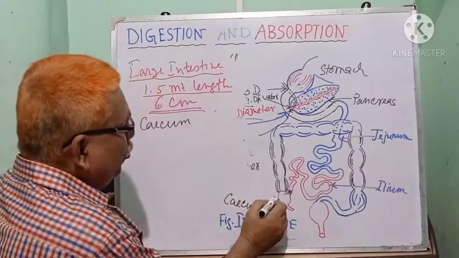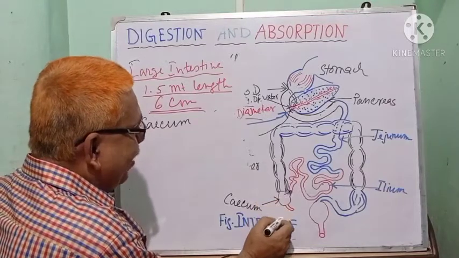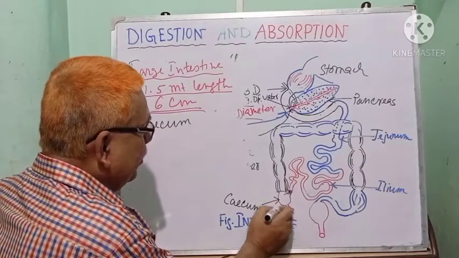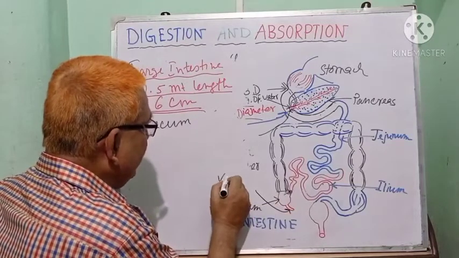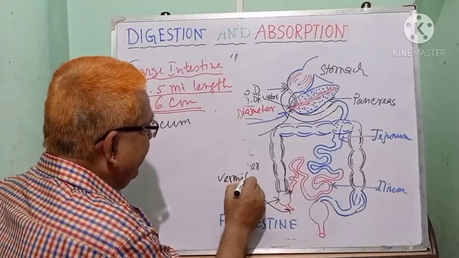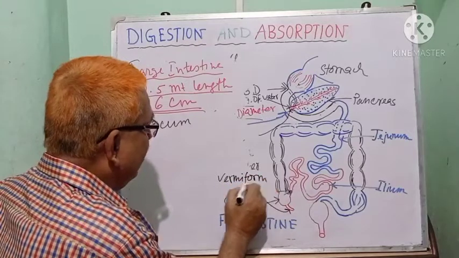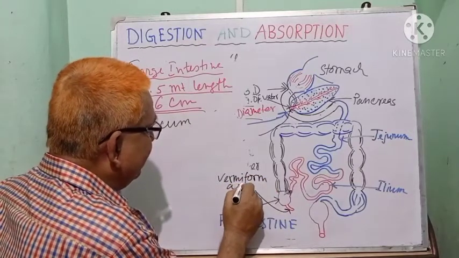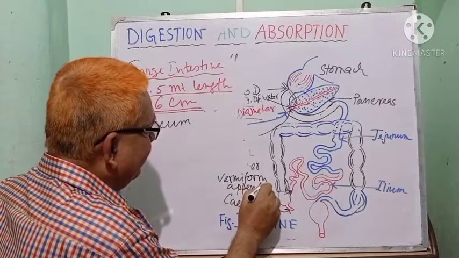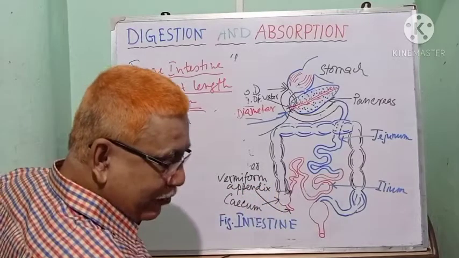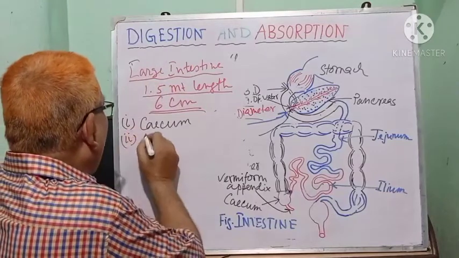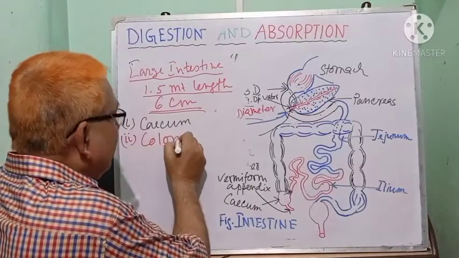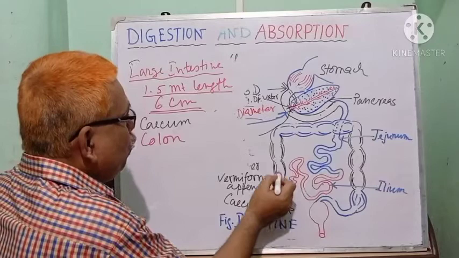On the posterior lateral wall of the cecum, this is vermiform appendix. Next to cecum, then colon. This is colon.